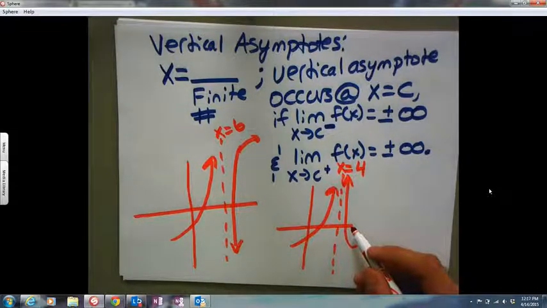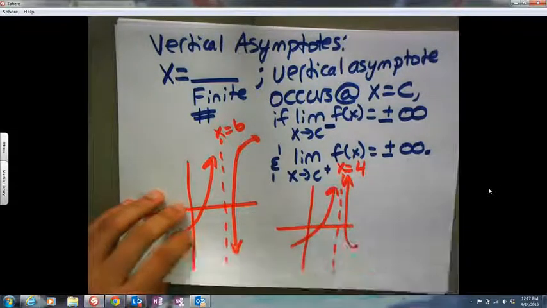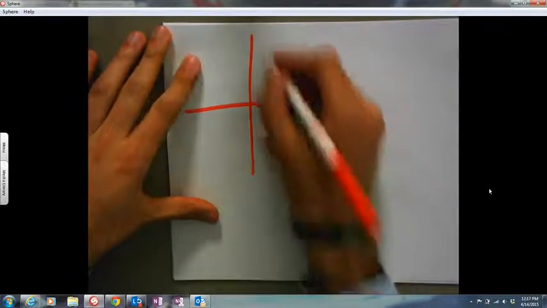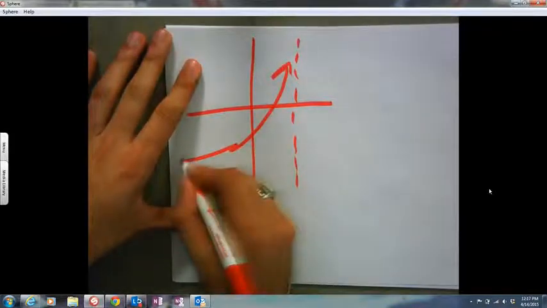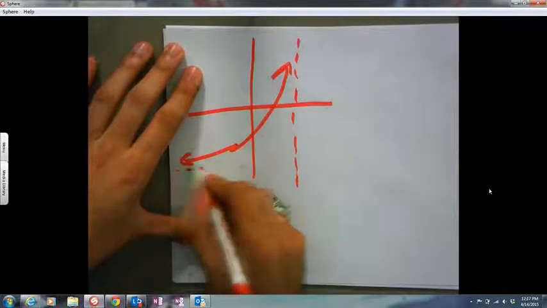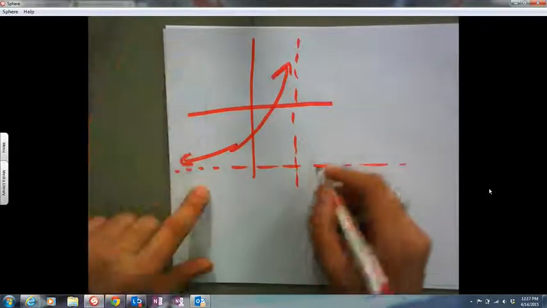Let's have some more complicated pictures now. You could also have a case where this happens. So here you have a horizontal asymptote at maybe y equals -7, because that's what happens when x goes to negative infinity.